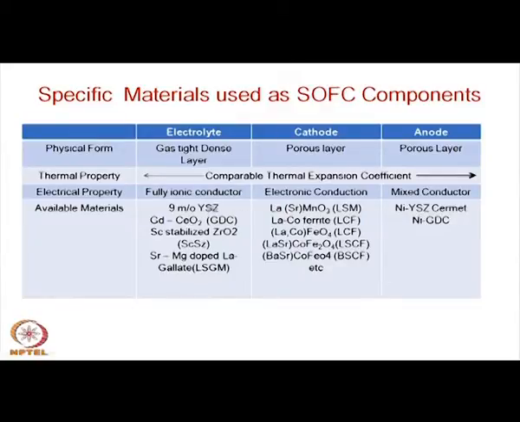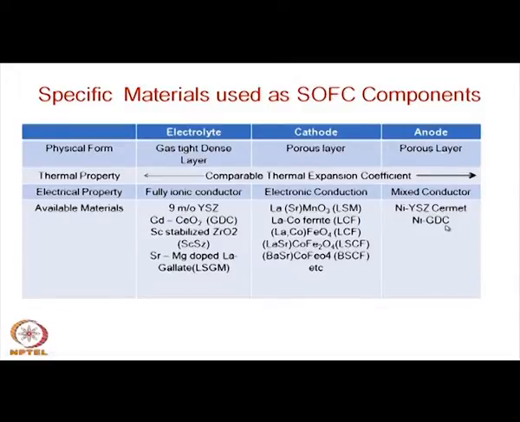So, it is a mixture of the electrolyte material and metallic nickel. It can also be used particularly with ceria doped electrolyte; one can also use nickel GDC, that means the cermet of nickel and GDC.